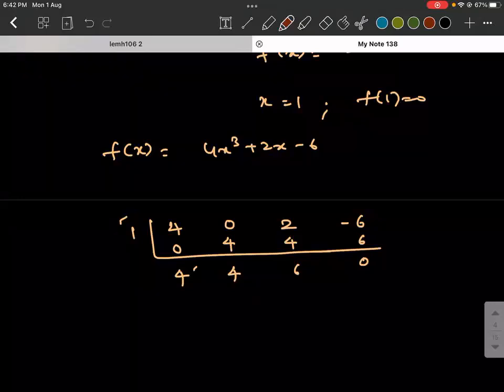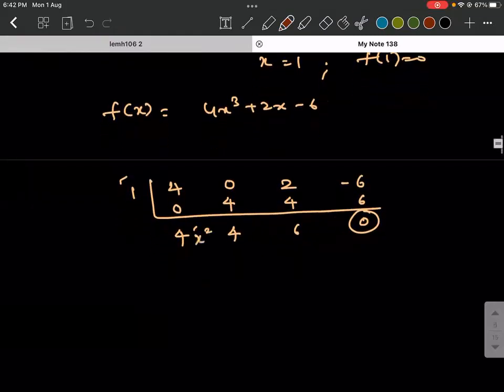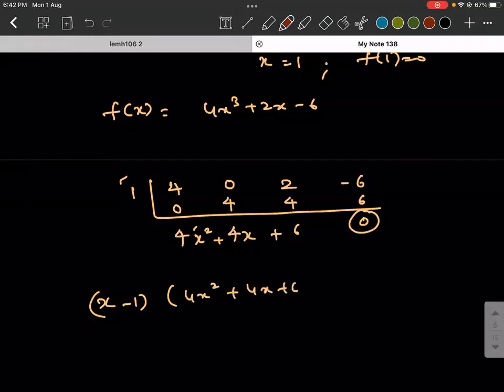This number is the remainder. So the remainder is 0. Appa inga enna pannuna put x square, x and the constant as it is. So what you will get is (x minus 1) into (4x square plus 4x plus 6) is equal to 0.